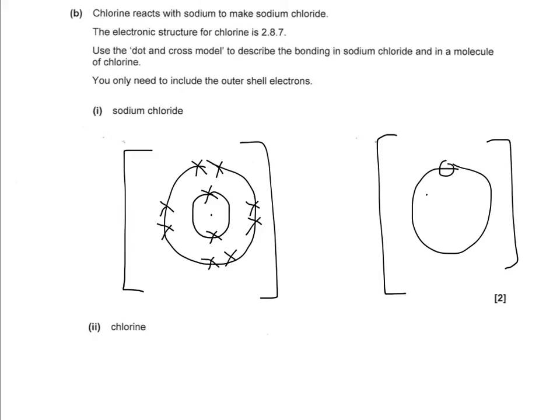so what you'll get is this, and you have a positive charge on the sodium and a negative charge on the chlorine, you don't have to circle them. The first mark is for having the correct charges, so a 1 plus charge here and a 1 minus charge there, and then the correct electron structures.